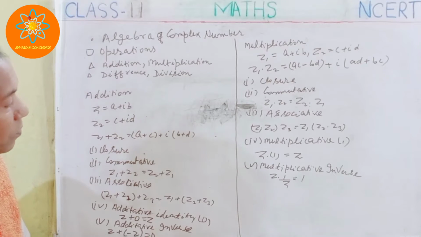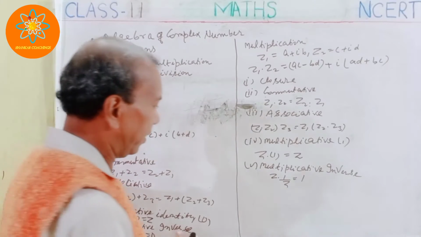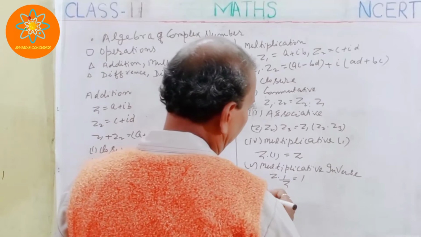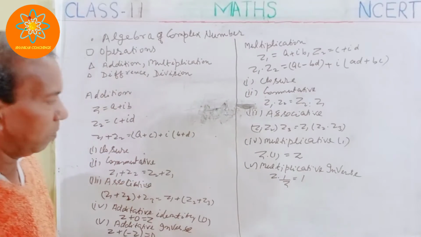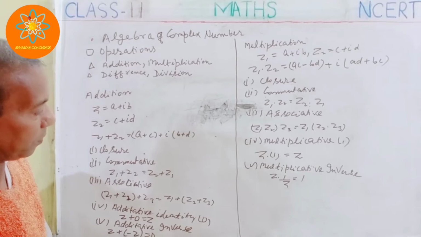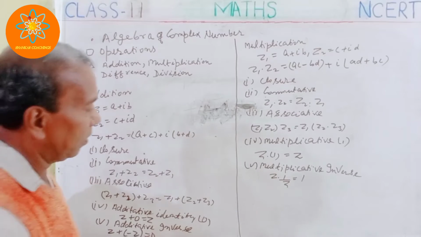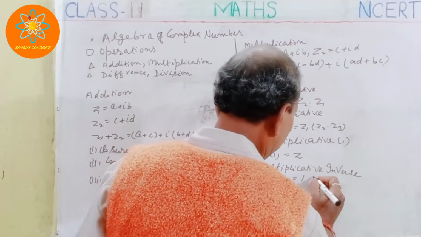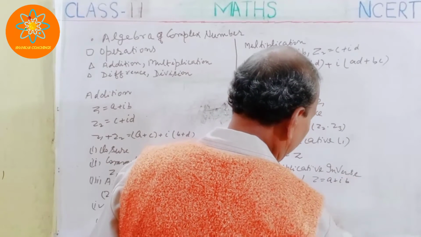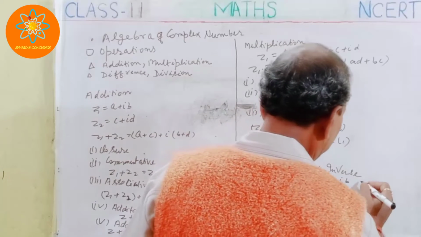Let's suppose I have a z, and I want to calculate the multiplicative inverse. Let's suppose z is equal to a plus ib. I want to calculate 1 by z.